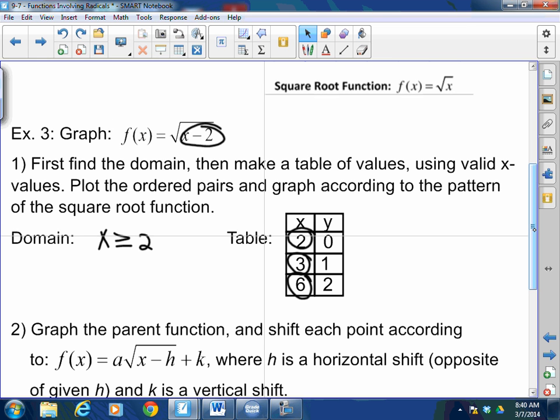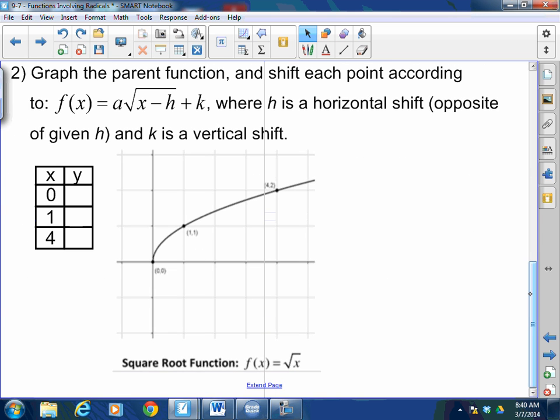Or, if you remember, I taught you how to shift and transform things. I taught you that this h is a shift to the left or right, and it's opposite. Remember that, guys? Remember I taught you that k was a shift up or down? So you could go ahead and graph the parent, as you see here.